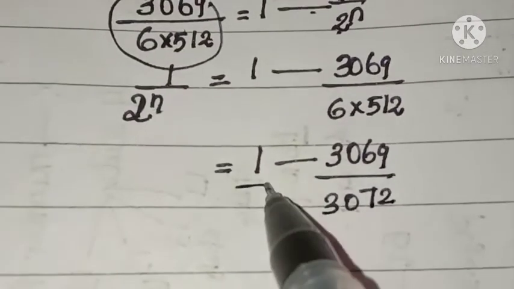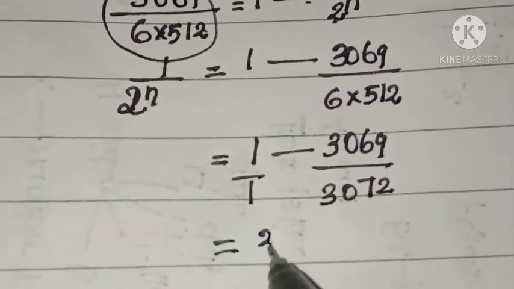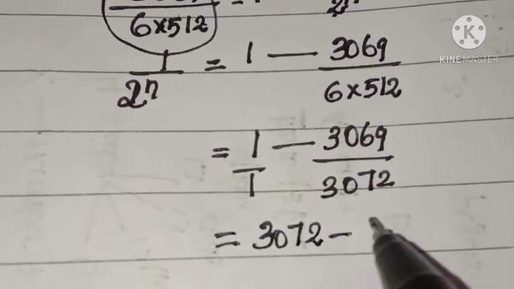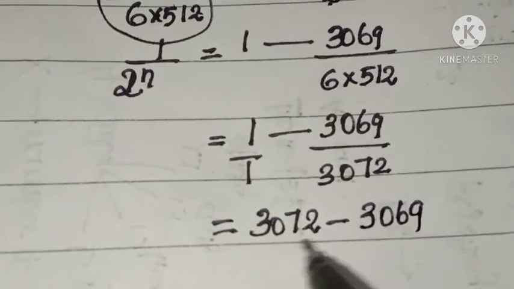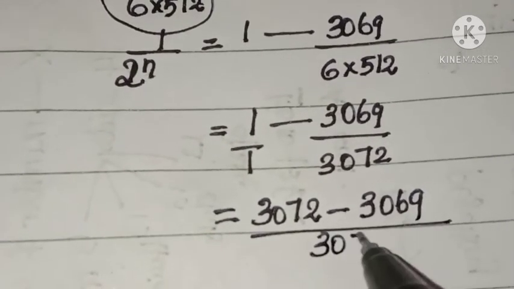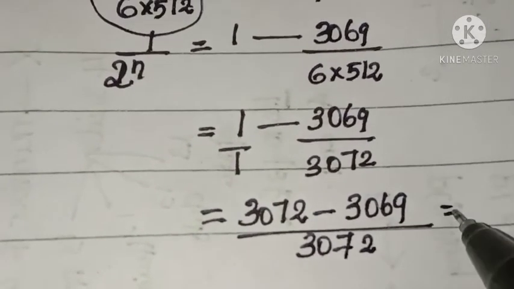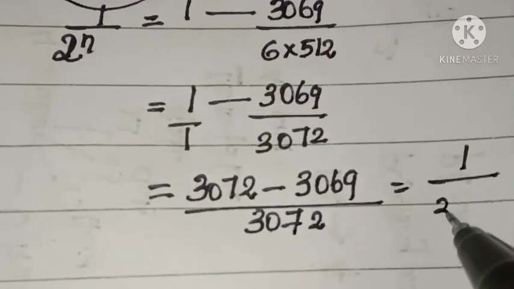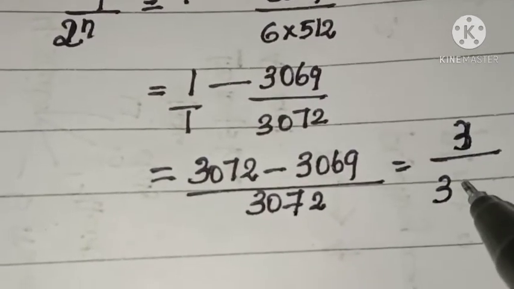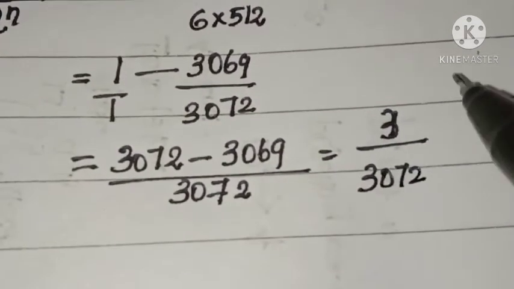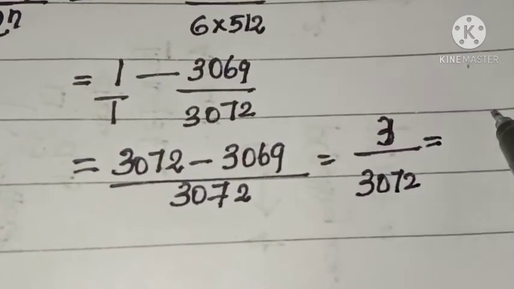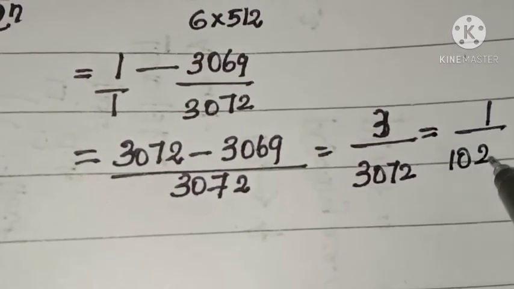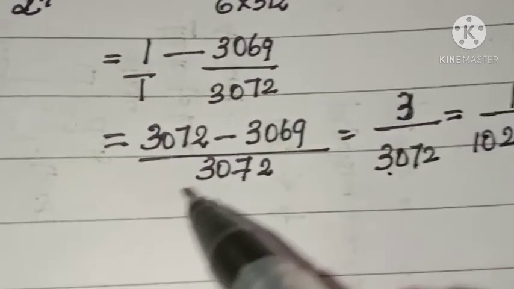3072. Now take the cross multiplication. So 3072 minus 3069 by 3072 gives 3 by 3072. So it is the same as 1 by 1024, because 3 is common.